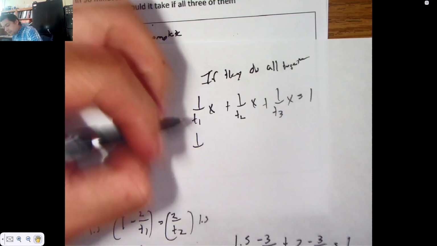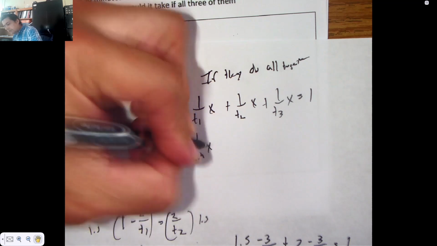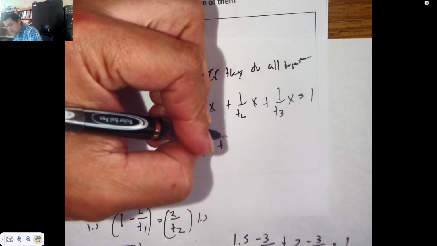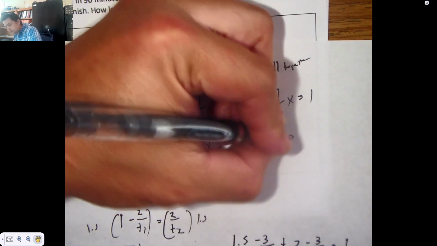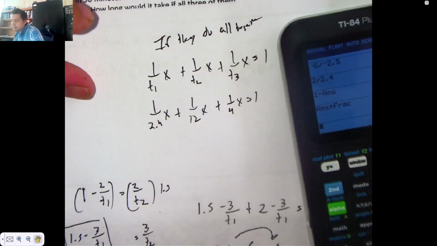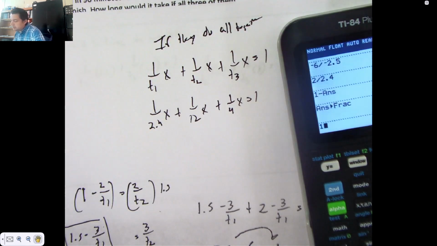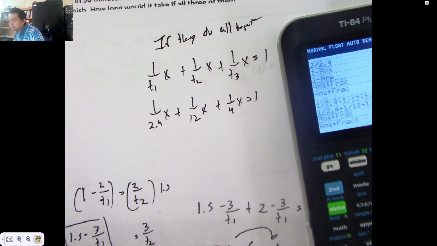Time 1 was 2.4. Time 2 was 12. Time 3 was 4. These are all like terms, and I'm just going to figure out what 1 over 2.4 plus 1 over 12 plus 1 over 4 is, back as a fraction.